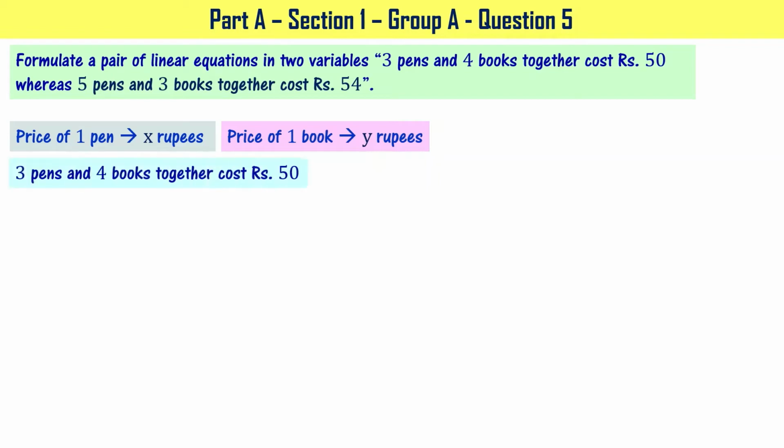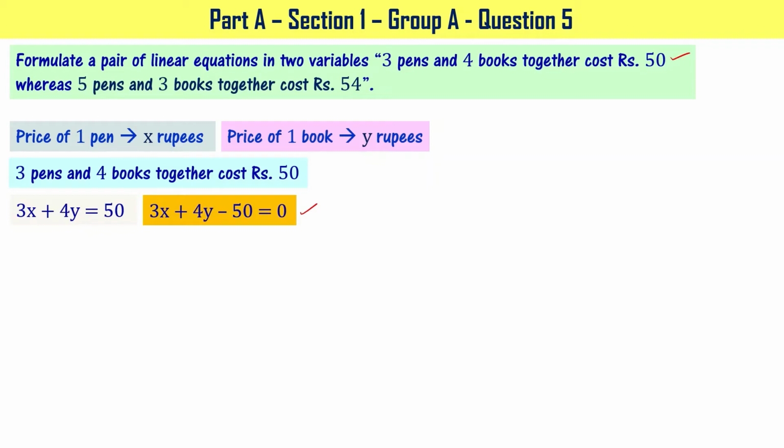It means I can write it as 3 times x plus 4 times y equal to 50, right? This can be rearranged and written as 3x plus 4y minus 50 equal to 0. This is one equation we have obtained for the first statement, right?